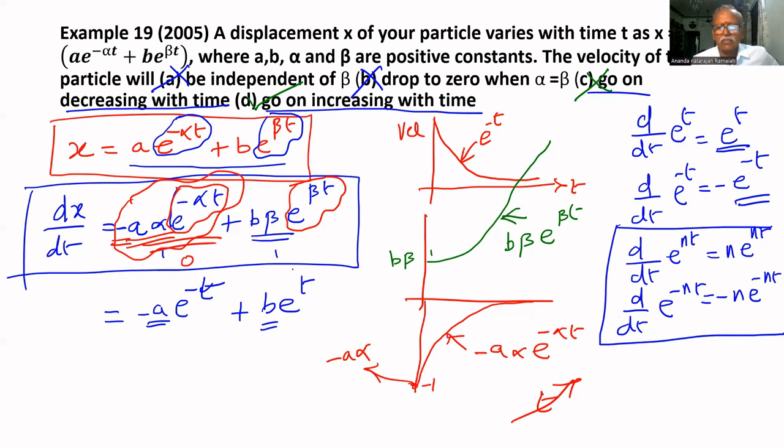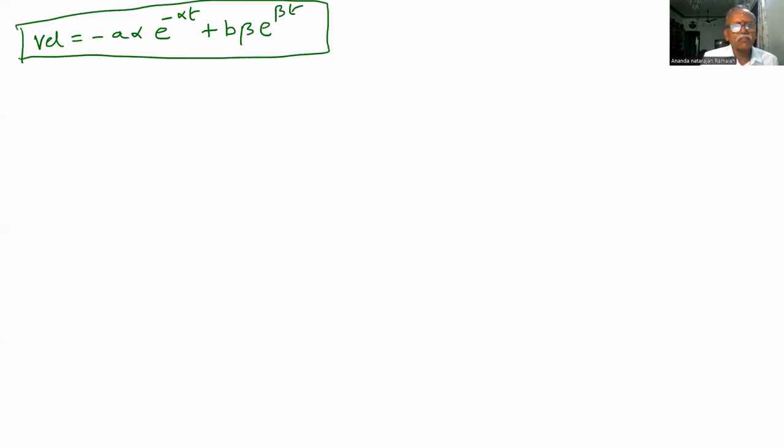So we have to differentiate this. What is dx by dt? Velocity equal to minus a alpha e power minus alpha t plus b beta e power beta t. This is the equation for velocity.